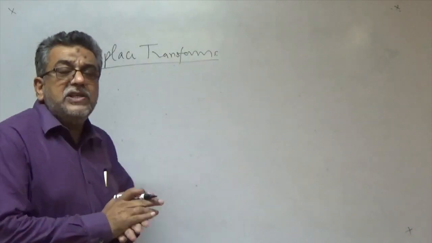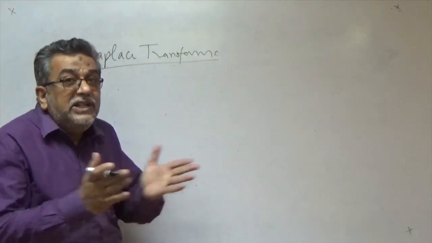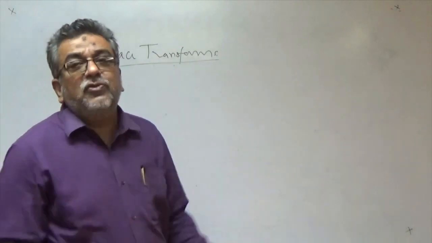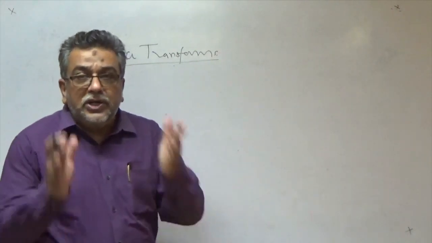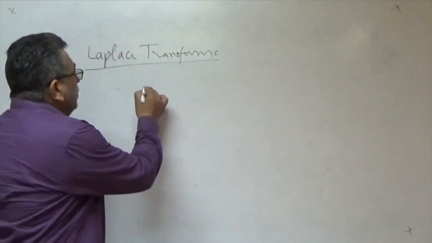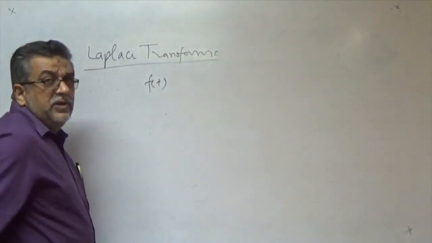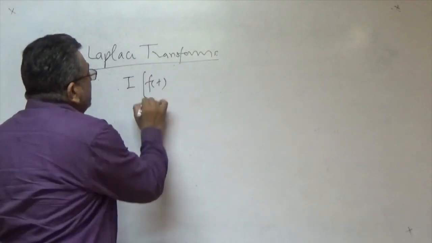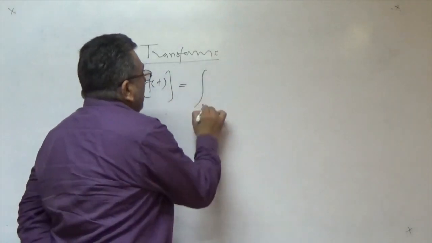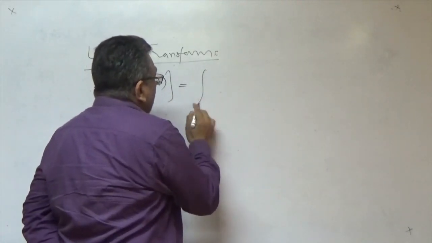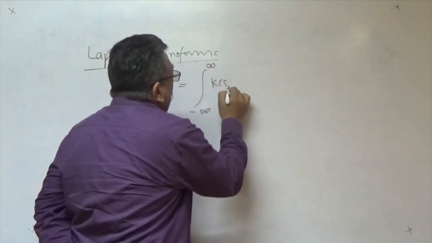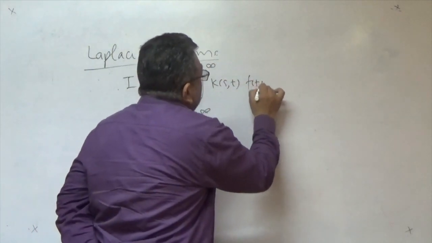First thing, the Laplace transform is a type of integral transform. In the introduction of the Fourier transform, I told you the Fourier transform is also a type of integral transform. If f(t) is a function and we define its integral transform, it is an integral from minus infinity to infinity of a function k(s,t) f(t) dt.